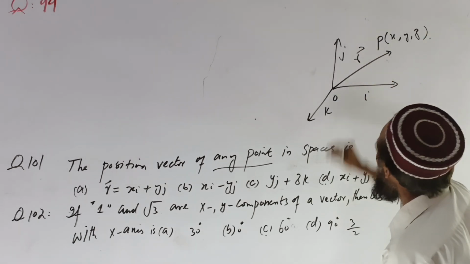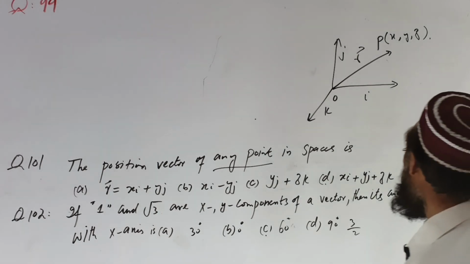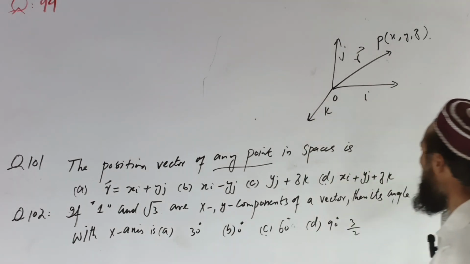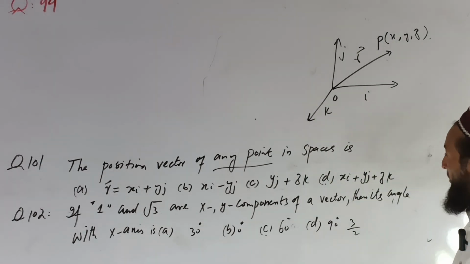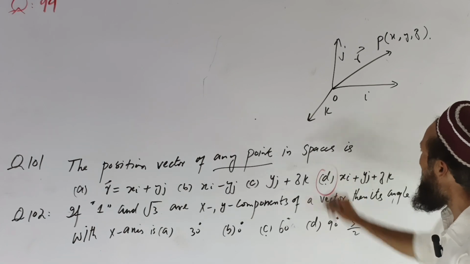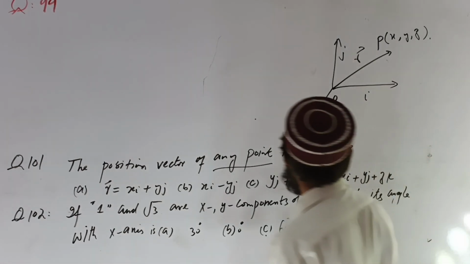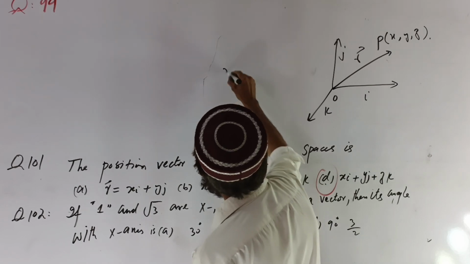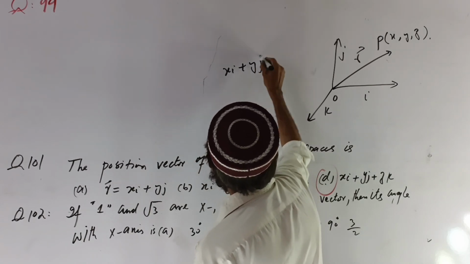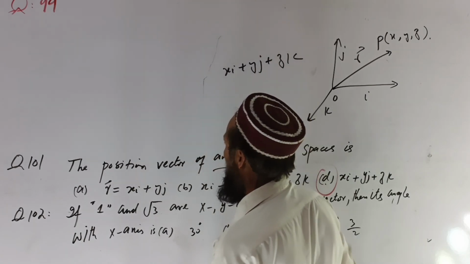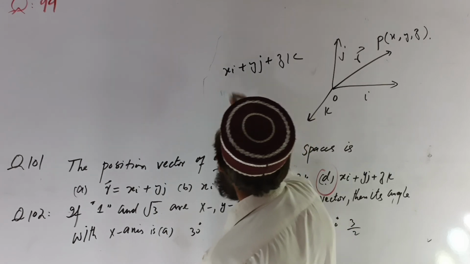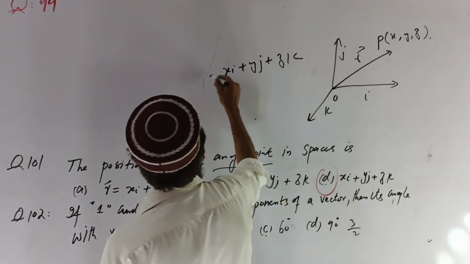R is the position vector, this is the origin. So if we find the result, it will be option D. We can write here D is the correct option. So this result is equal to xi plus yj plus zk. So this result will be equal to R.